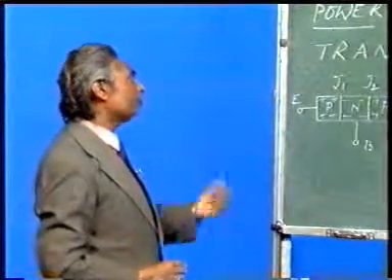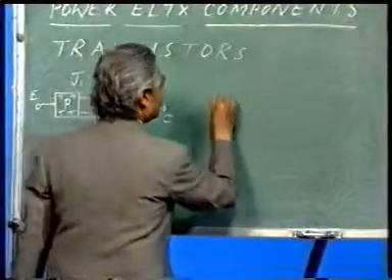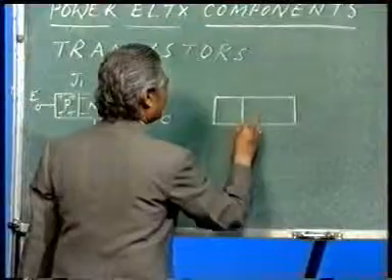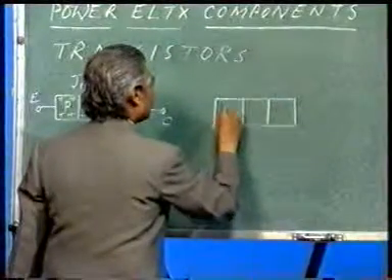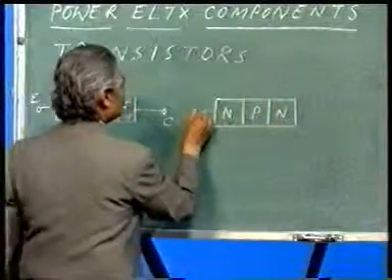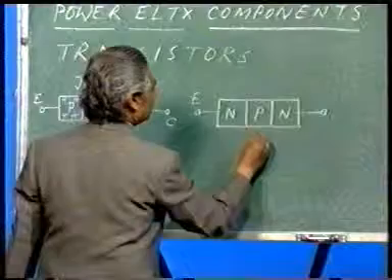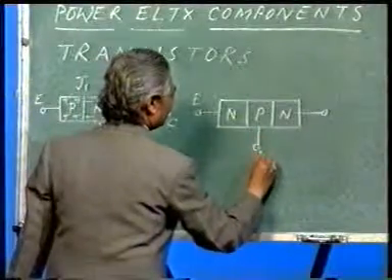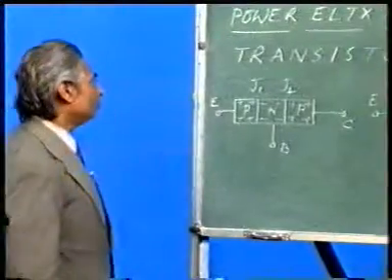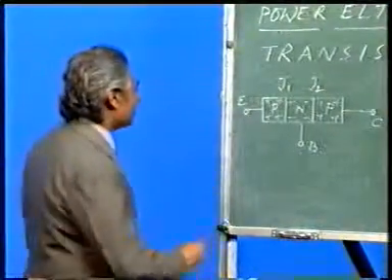There could be another type of transistor which is NPN type, again 3 terminals, emitter, base, collector. Now, for conduction you have to bias it, and biasing is done like this.